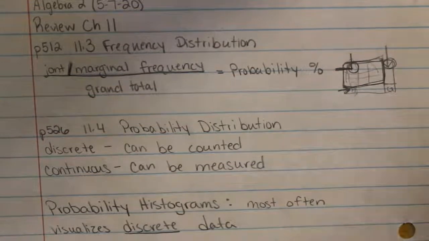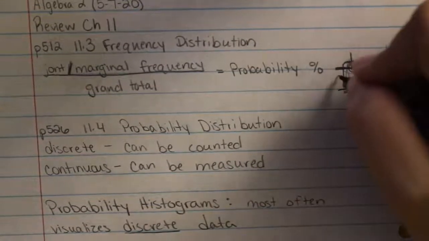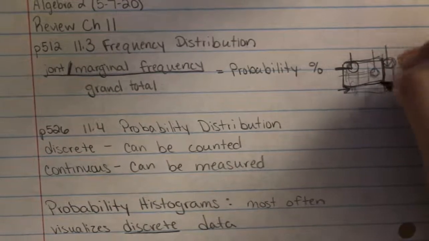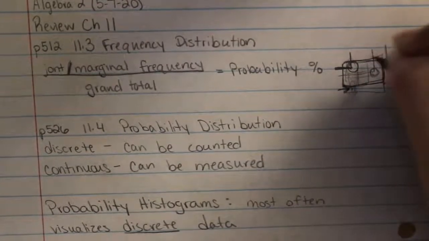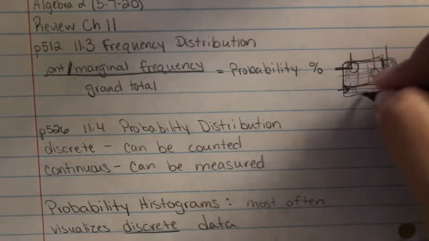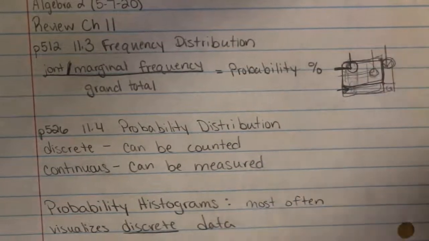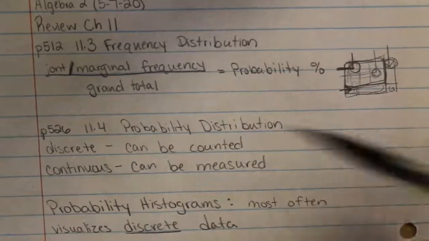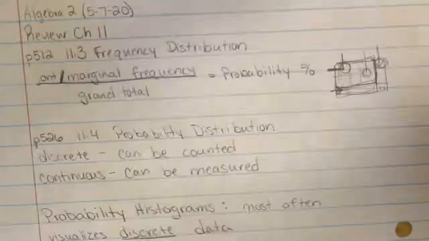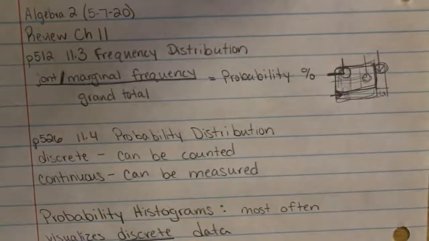So joint partnership, anything like that, as far as business goes, it's the two people involved, and it's going to give you one of these interior percentages or one of these interior numbers, whereas the marginals, they're out on the outskirts of all of this data. So if you look at a piece of paper, you've got this red line. Anything over here is considered to be the margins. Same thing with the red line on the other side of the paper.